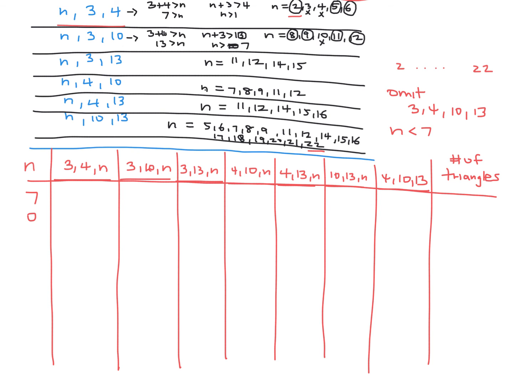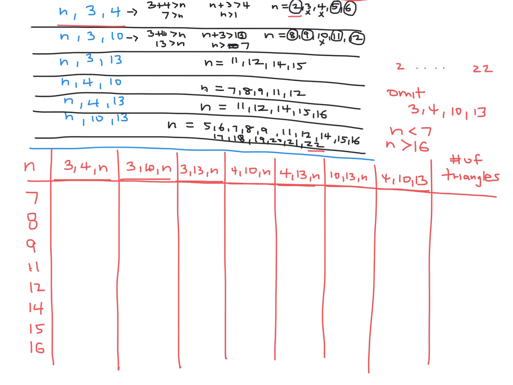And then values of 8, 9, remember n cannot be 10, 11, 12, it cannot be 13, 14, 15, 16. And then the good news is when n is greater than 16, same story, these triangles will never be able to satisfy the triangle inequality more than twice.